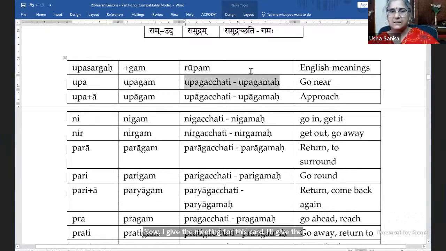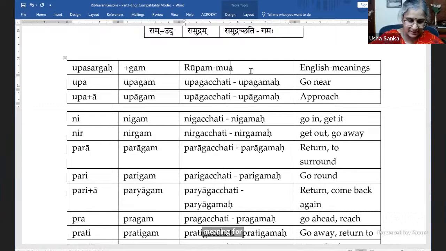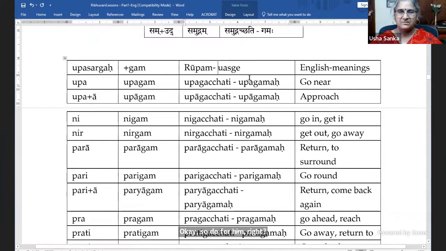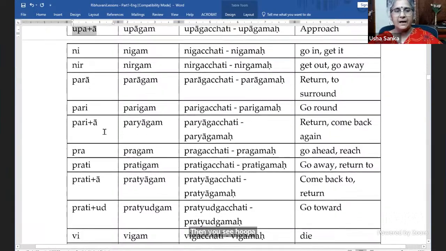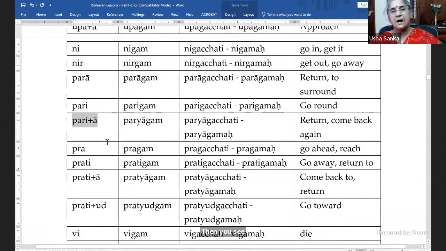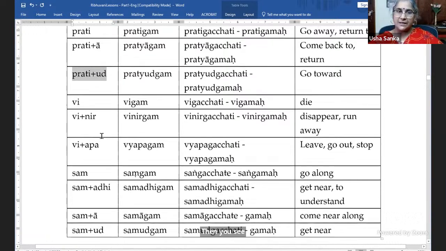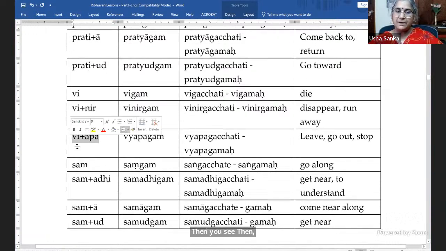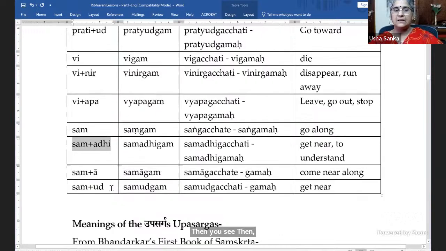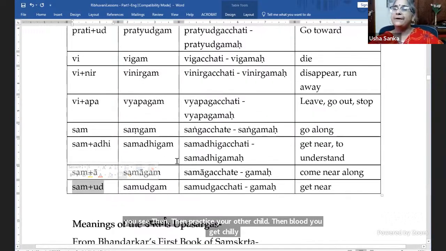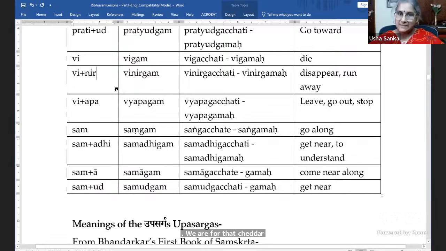These are the usages, so in rupam I can write usage. Then you see upagam, then ni, nir, para, pari, pariagam, paryagachati, then pratyagachati, pratyudgachati, vinirgachati, viapagachati, samadhigachati. You see samudgachati. So there is a possibility. These are all existing in the language.